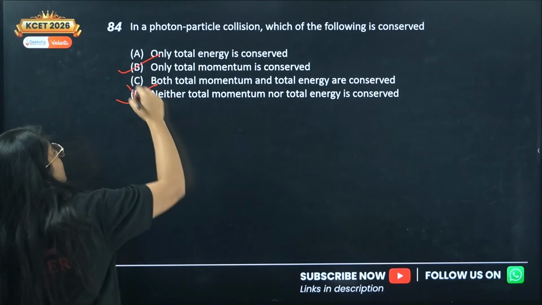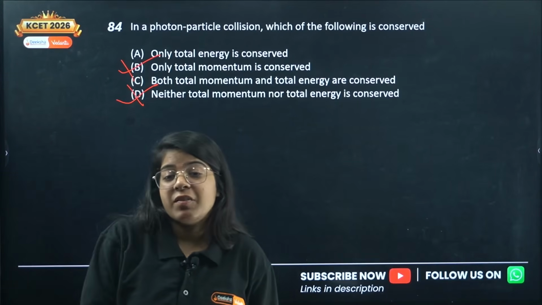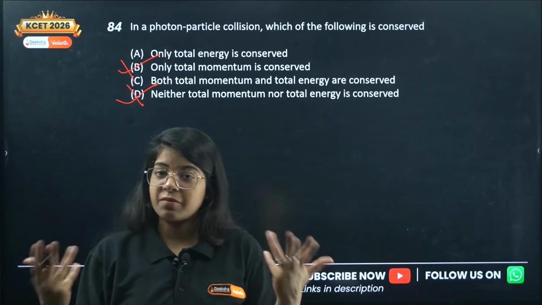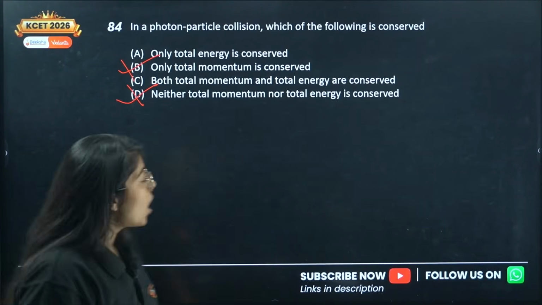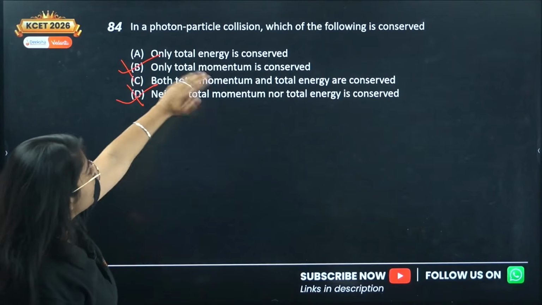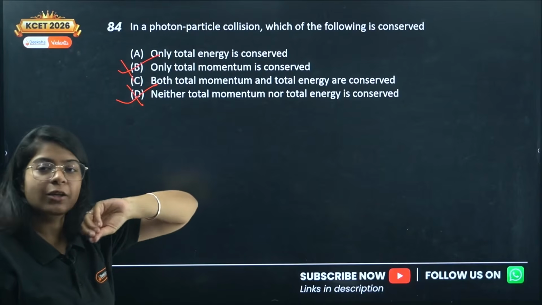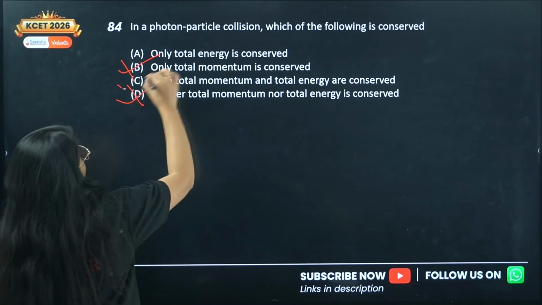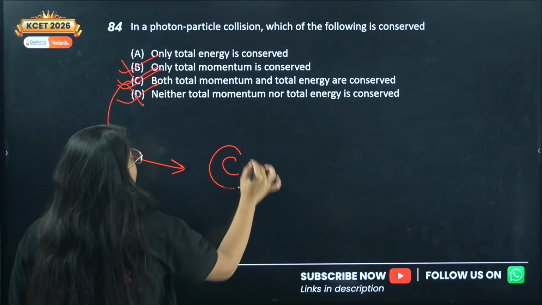Because energy is always conserved. Energy is conserved in all cases. So only momentum is conserved is definitely wrong. Neither energy nor momentum is definitely wrong. So out of these two, only total energy is conserved, but in case of photon particle collision, we know that momentum is also conserved. So the correct option is then C.